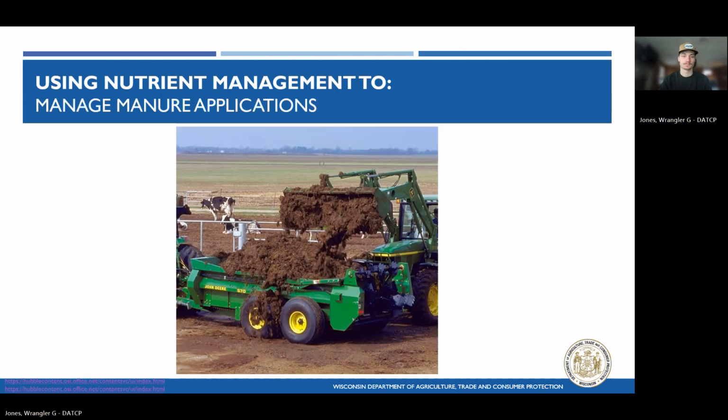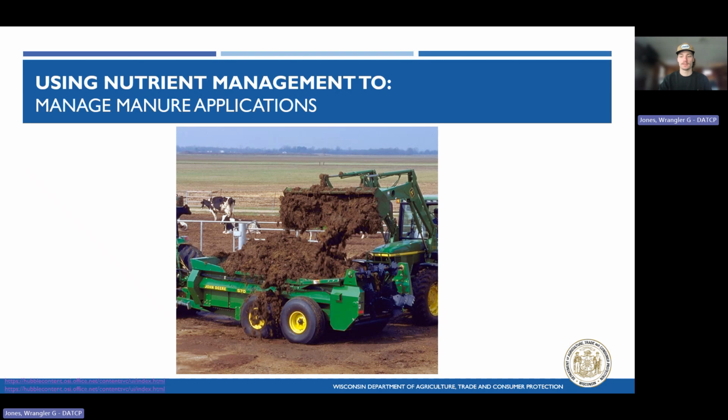So our manure applications, we can better manage our manure applications with the nutrient management plan. If we can reduce trips across the field, that's going to decrease the fuel need and cost, and decrease our opportunities for compaction on those acres. Improper manure applications can lead to runoff, surface water contamination, as well as leaching of groundwater.